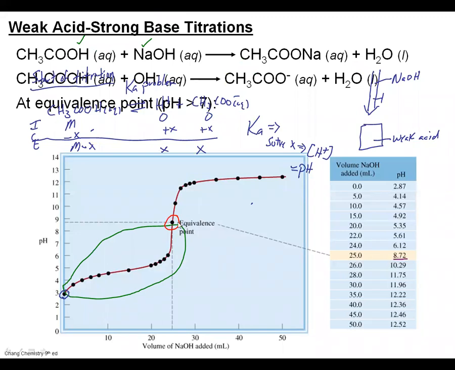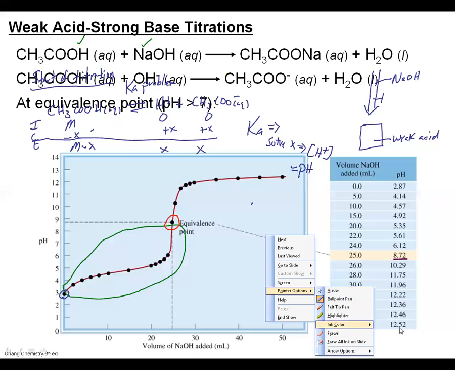And that again is going to require 2 ice tables at the equivalence point. The first one gets the concentration of the salt, and that salt will then go through hydrolysis, which is your second ice table. So much different than the strong acid and strong base, where you just write a pH of 7 and you're done.